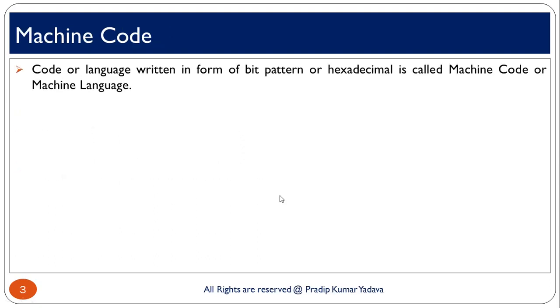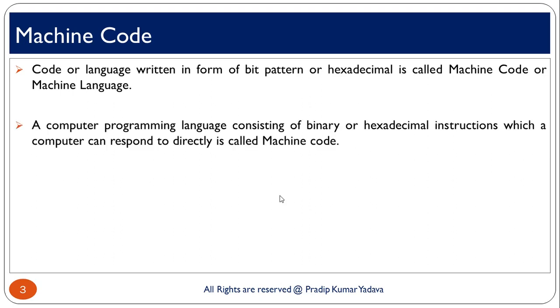Code or language that is written in the form of bits or hexadecimal is called machine code or machine language. A computer programming language consisting of binary or hexadecimal instructions which a computer can respond to directly is called machine code.